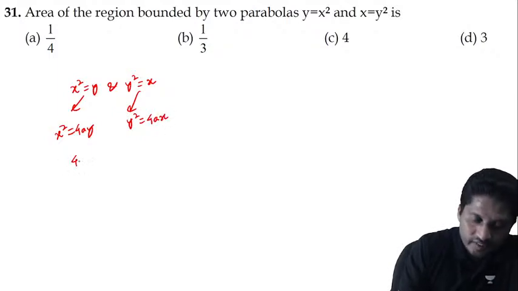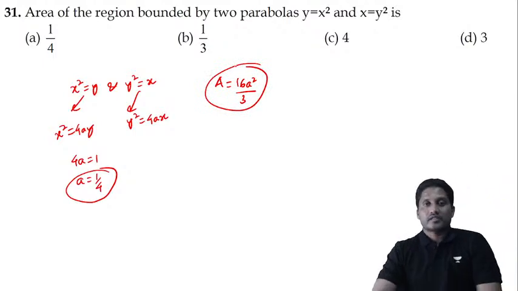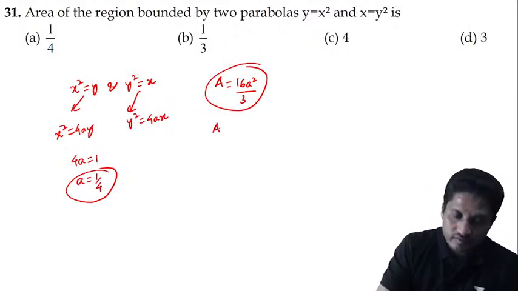If you compare both the cases, 4a is equal to 1, a is equal to 1 by 4. Now y square is equal to 4x, x square is equal to 4ay, area is equal to 16a square by 3. Right? Just now I gave you all the results.